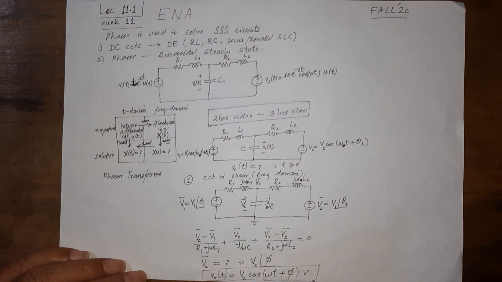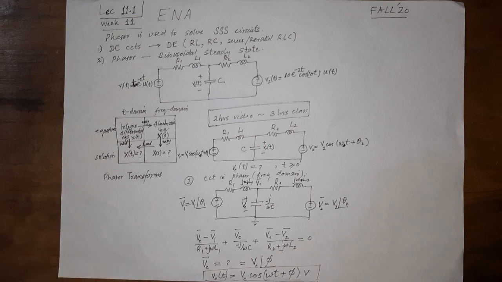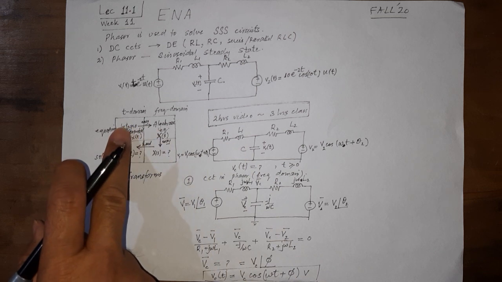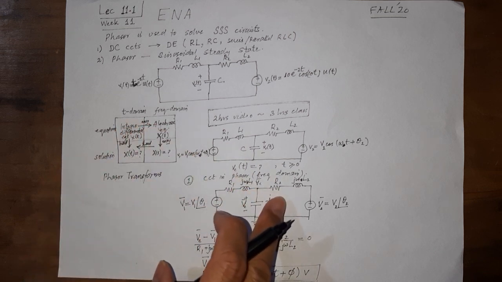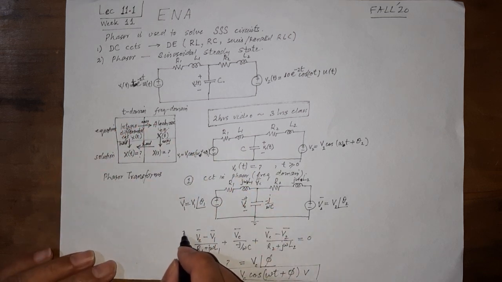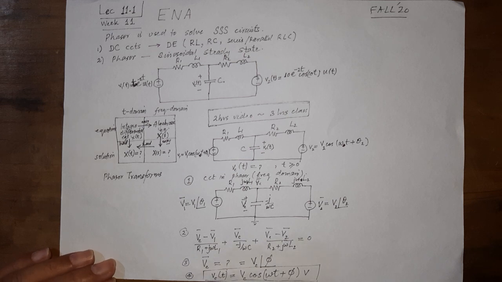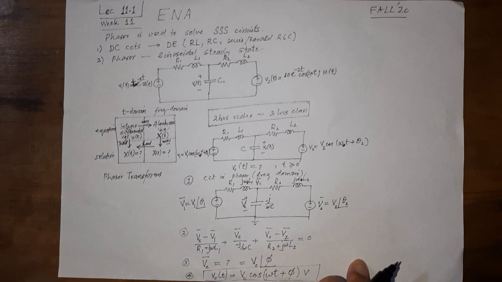So this is what we had been doing till now: we have the problem in the time domain, convert it to the frequency domain, write algebraic equations and solve them in the frequency domain, then inverse process it and write the required solution in the time domain.